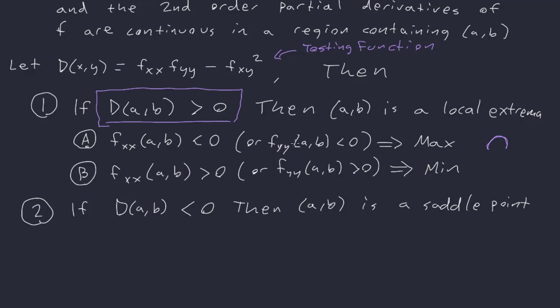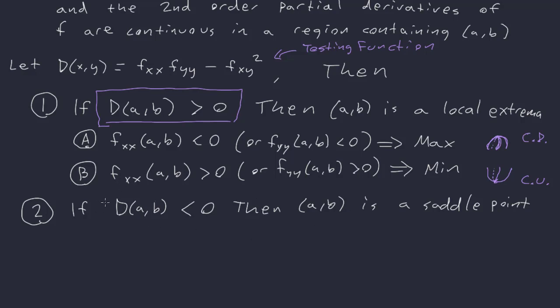And notice you can check f sub xx or f sub yy, either the x direction or the y direction. If on the other hand the second derivatives are positive, then you have a minimum because they are concave up. So here we have concave down, here we have concave up.